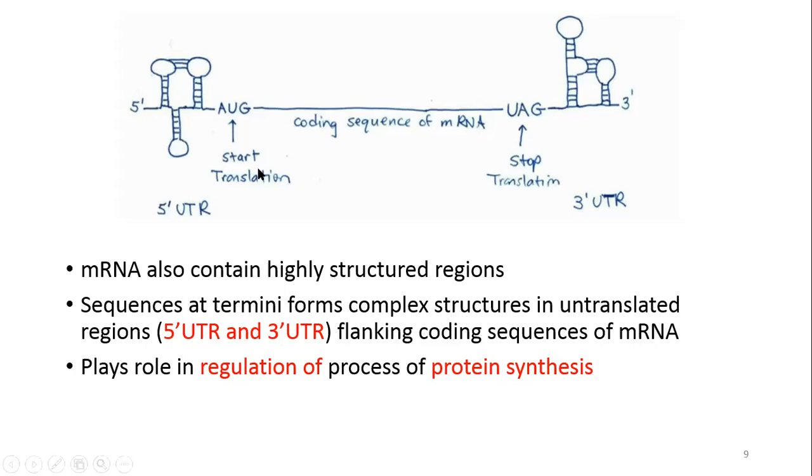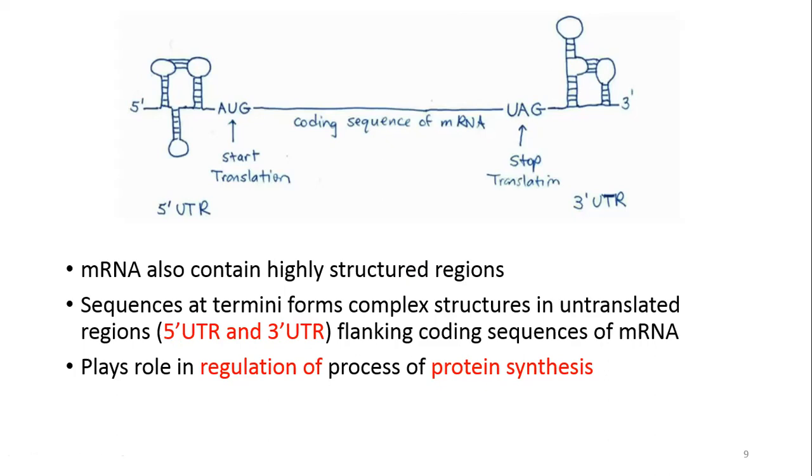mRNA also contains some highly structured regions, and as you can see over here, these highly structured regions are present in the 5 prime and 3 prime UTR, what we call the untranslated regions, that usually flank the coding sequence from which your protein is supposed to be synthesized.